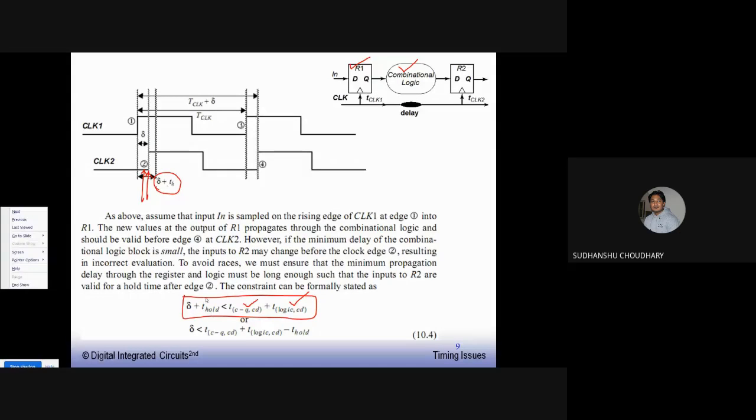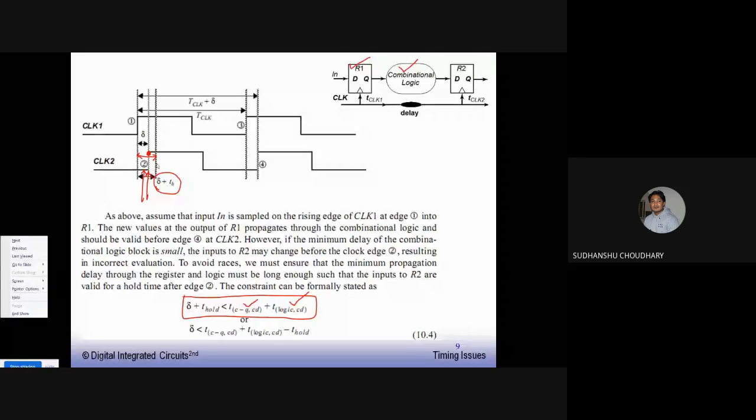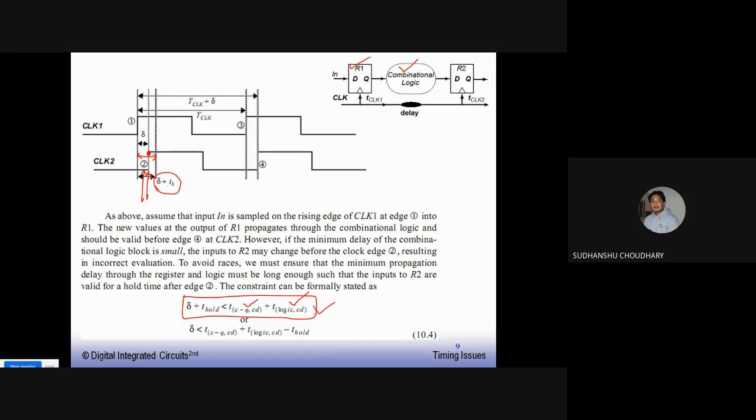We want the data to be available for processing by register 2 after edge number 2, otherwise a race condition will exist. So the delay of this combinational logic plus this register has to be greater than delta plus some hold time. This condition has to be fulfilled.